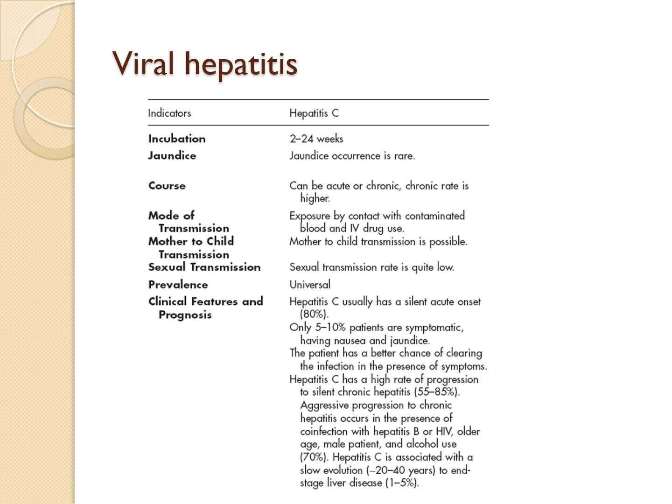Both acute and chronic illness can occur with hepatitis C, leading to liver cirrhosis, and there is no vaccination at all. We test hepatitis C antibody and hepatitis C RNA and genotyping. Commonly it is transmitted through contaminated blood and IV drugs. Mother to child transmission is possible, and sexual transmission is there.